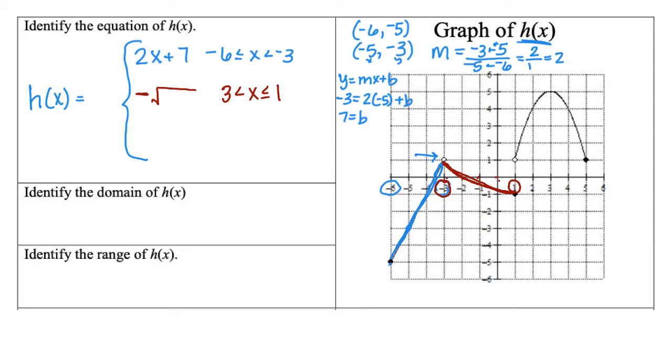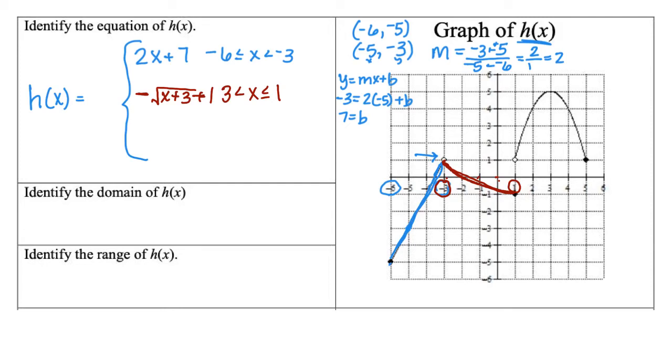That's going to be an x plus 3 since you went to the left. Then it looks like we moved up 1, since that point's up there. So there's our equation for that one.